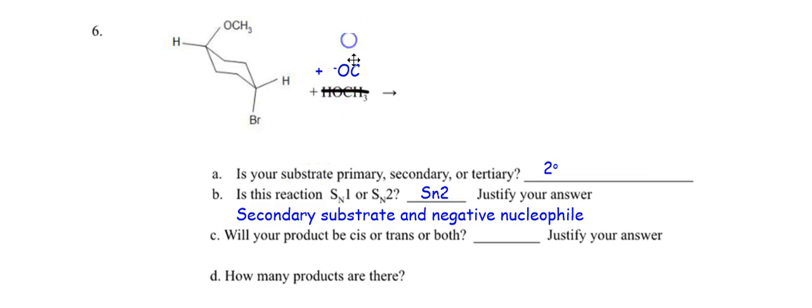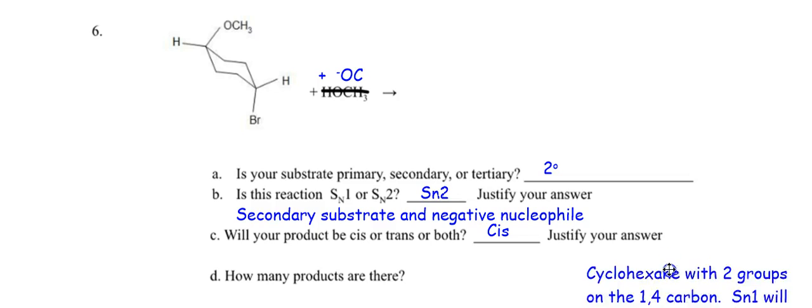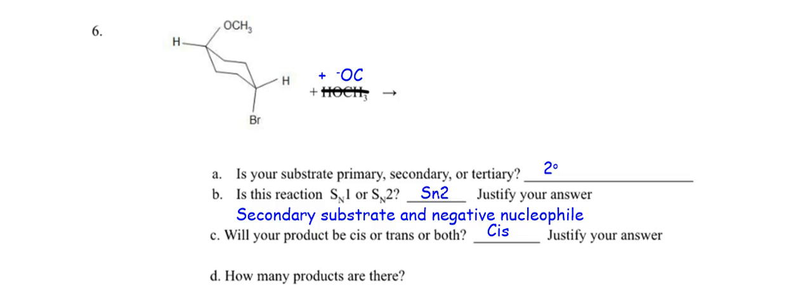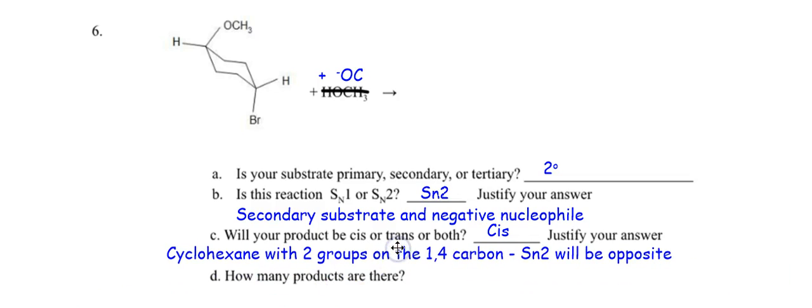Well, my OCH3 is going to have to come over from the other side of the bromine to knock the bromine out of the way. All right, so it will be cis. Why? I will have the cyclohexane with 2 groups on the 1,4 carbons, so SN2 will be the opposite. I will have one organic product and one leaving group.